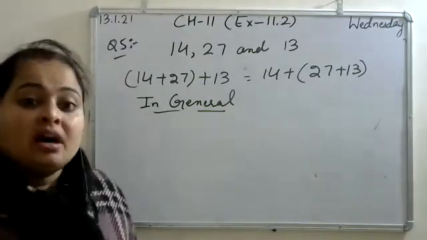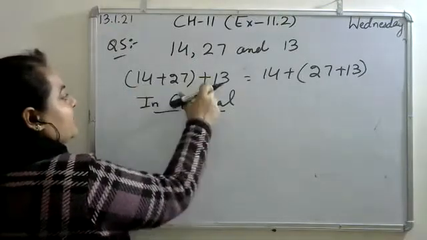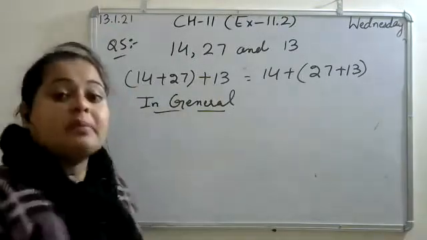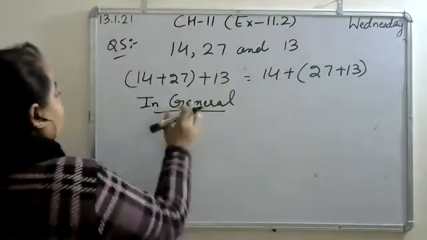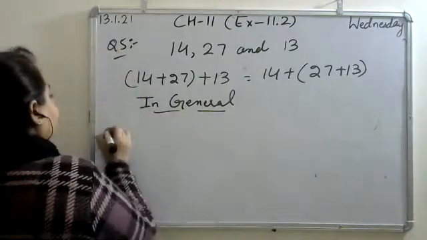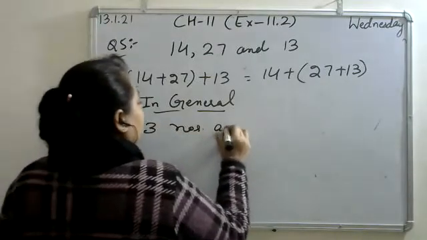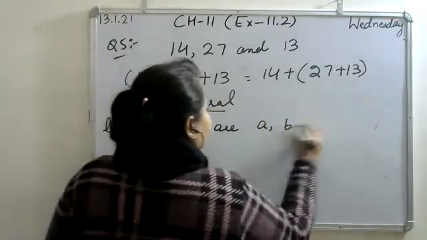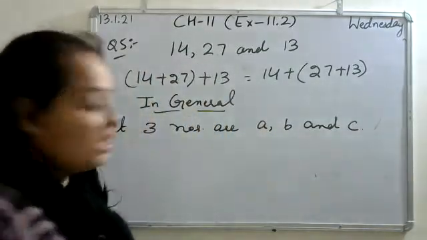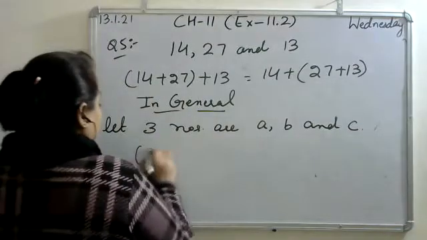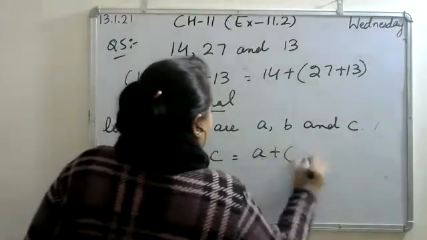Here 14 is given, 27 is given and 13 is given. In algebra we have three variables. So in general, in algebra, let the three numbers be a, b and c. So we will write (a + b) + c = a + (b + c).